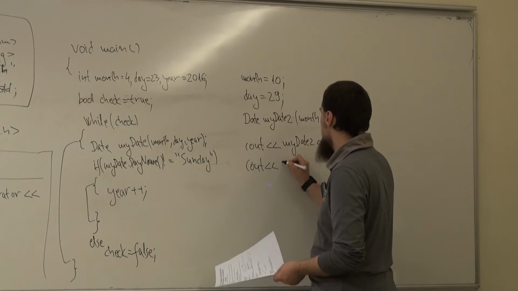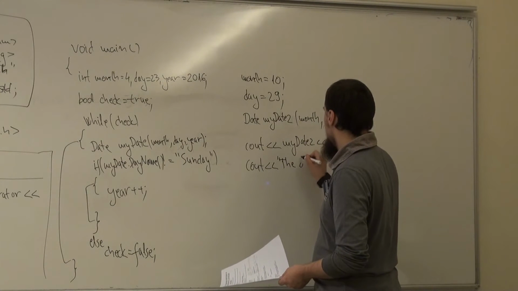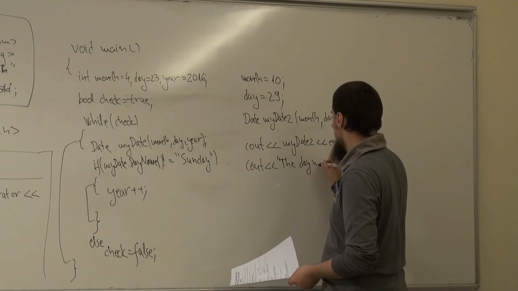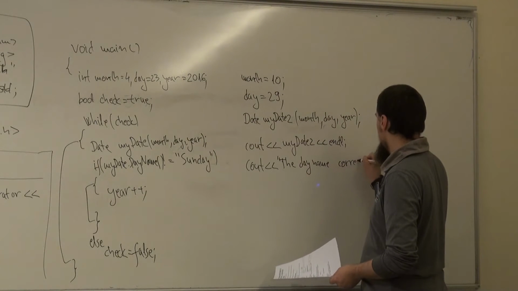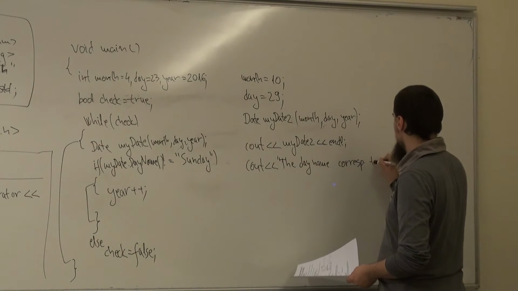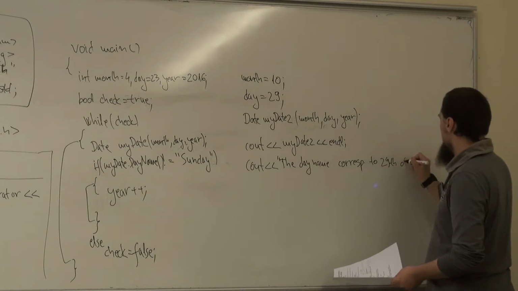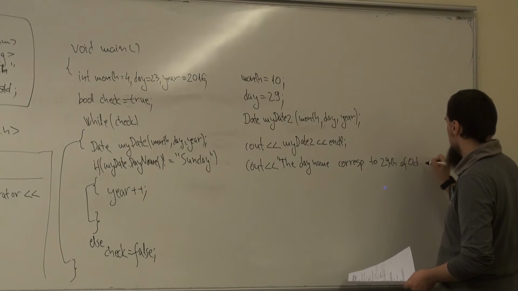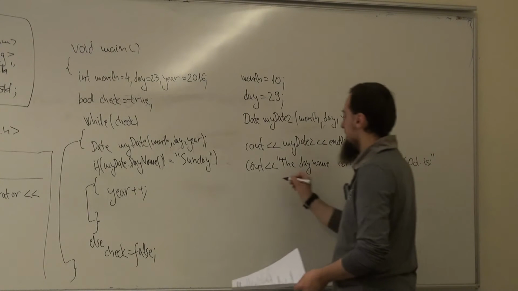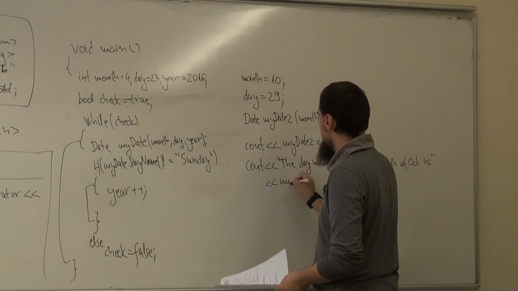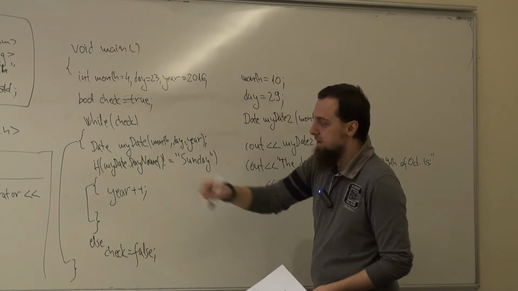So cout the day name corresponding to 29th of October is, and I'm printing my date point day name.